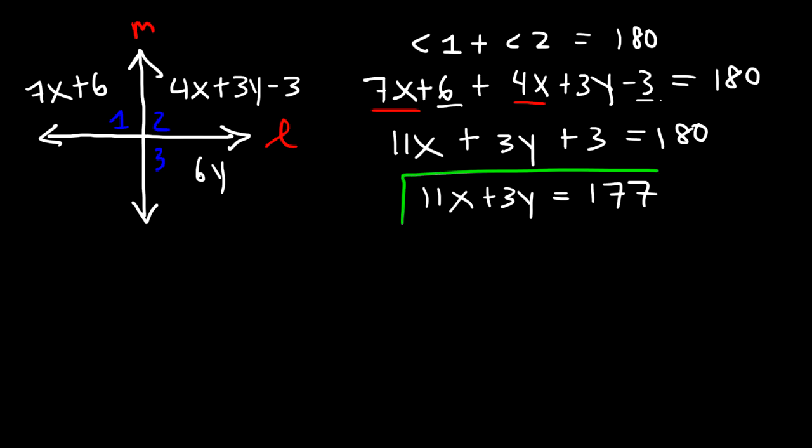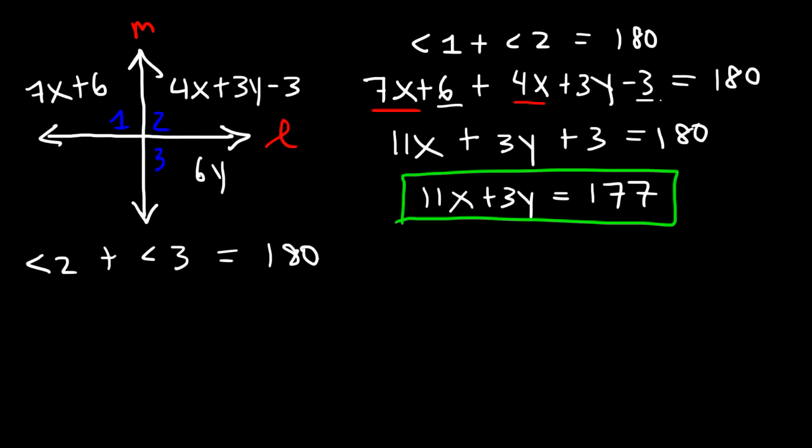Now let's subtract both sides by 3. So we have 11x plus 3y is equal to 177. Now, because we have 2 variables, we need to set up a system of equations in order to find the value of these 2 variables. Now let's see if we could come up with another equation that relates x and y to each other. So remember, 2 and 3, they're also supplementary. So we could say that angle 2 plus angle 3 adds up to 180.